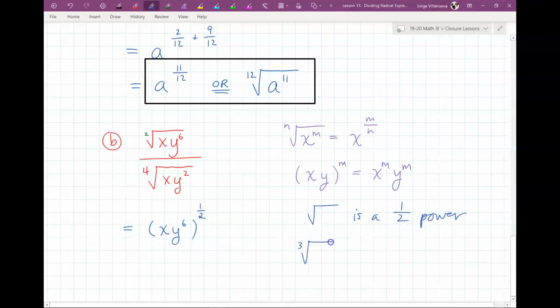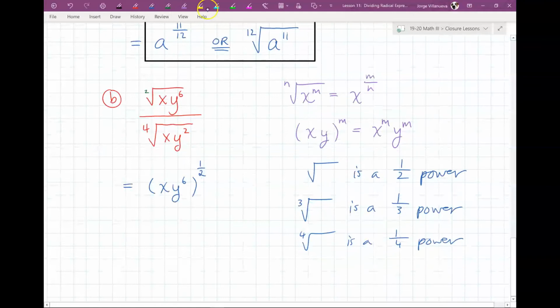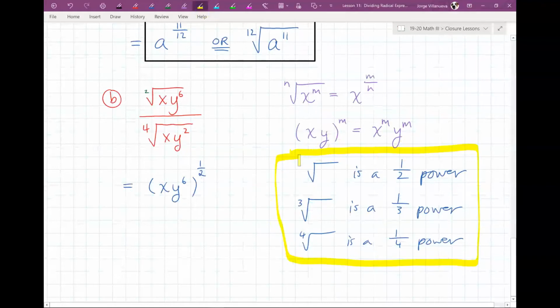If you have a cubed root, that's a 1/3 power. A fourth root is a 1/4 power. Okay, so let's make sure you guys know that, because that's actually pretty important for this problem. And I think we talked about this before earlier in the year, but just in case we don't remember, it's good that we just kind of review that.